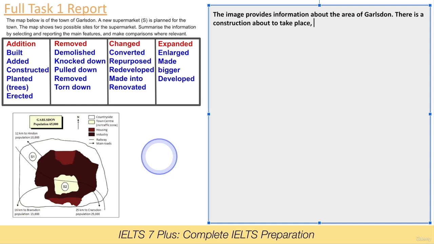The map shows 2 possible sites. We could say, and there are 2 possible perhaps placements, areas. Okay, the image provides information about the area of Galston. There is a construction about to take place, and there are 2 possible placements. Lovely, we've paraphrased perfectly there, I think.